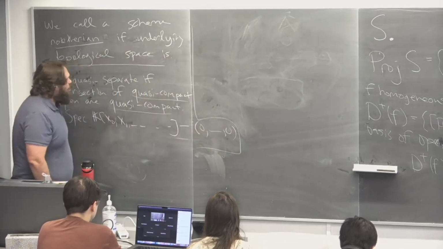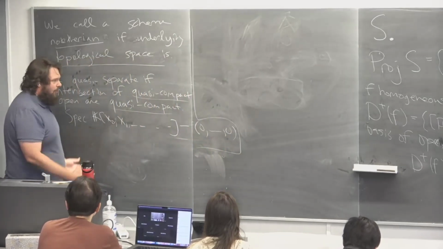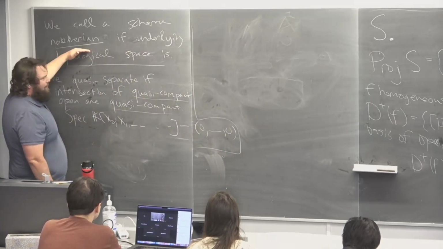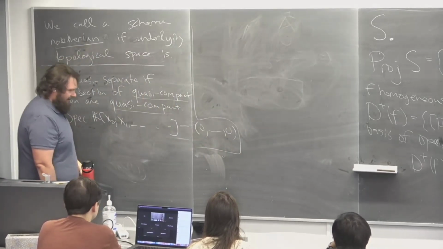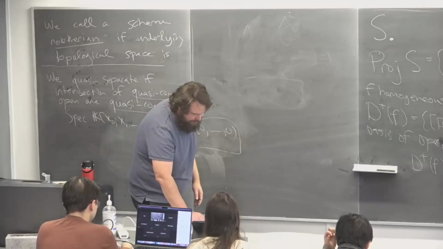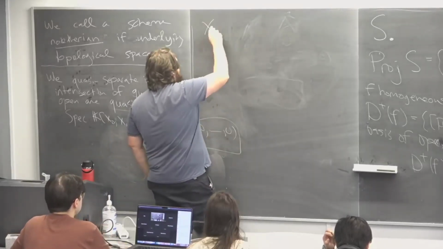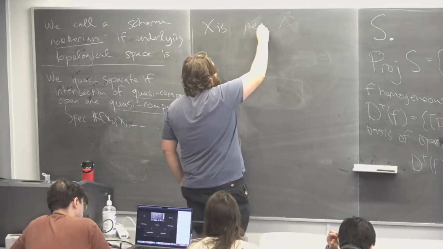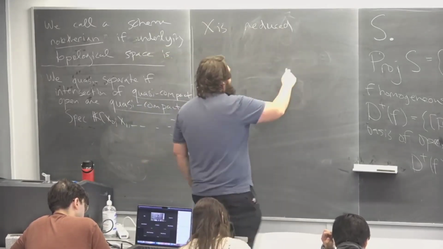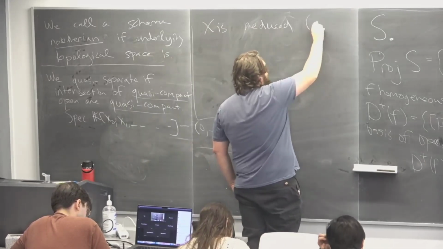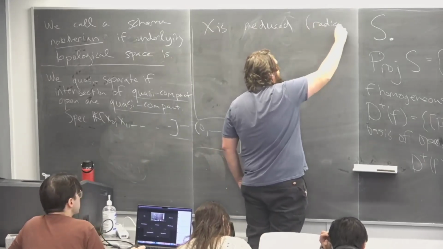Now some real important properties that sometimes we'll want and sometimes we won't. It'll be incredibly uncommon that we would want to consider a scheme that isn't Noetherian. So X is reduced. You should think of reduced as the algebraic geometry word that corresponds to a ring being radical.